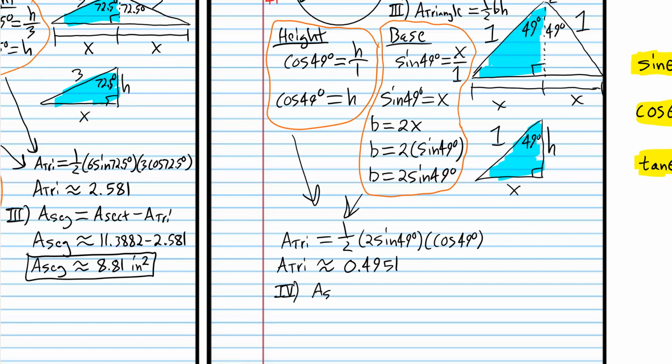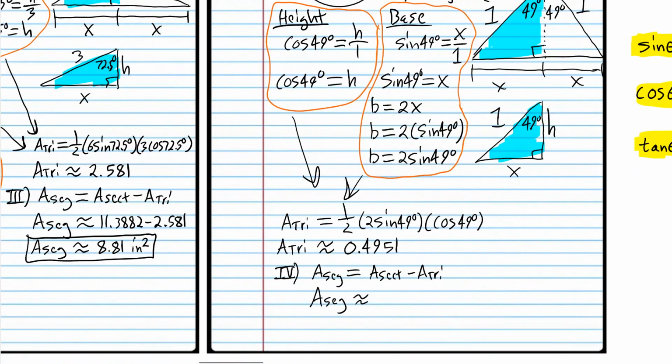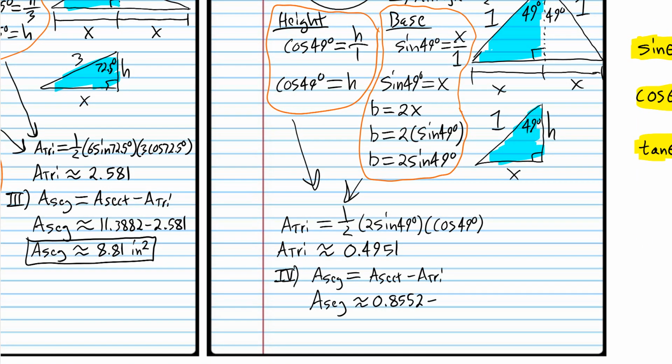So now on to step 4. The area of the segment is equal to the area of the sector minus the area of the triangle. The area of the segment is approximately equal to 0.8552 minus the number we just found.